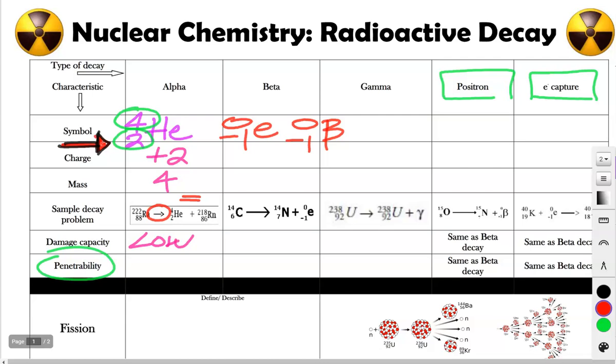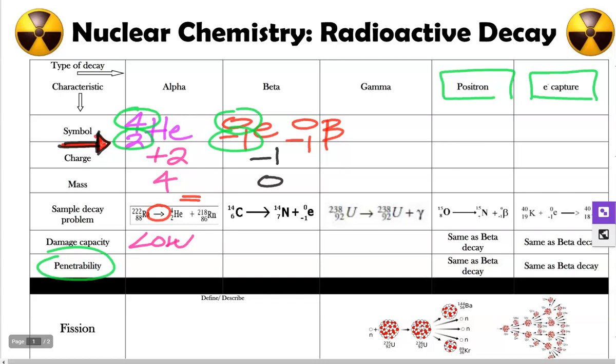So when you look at the beta, that's what this is right here. This is the Greek beta. And so same concept. The mass is going to be associated with this top number, and then the charge is the bottom number. So we're going to say that the charge on these is going to be -1, and the mass is going to be 0, meaning that the mass doesn't change during this type of decay.